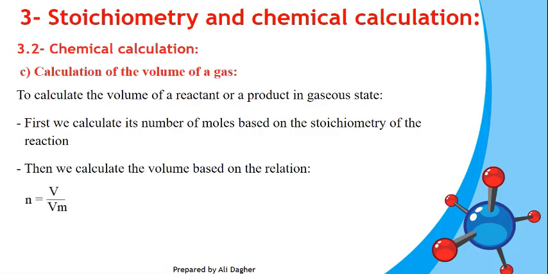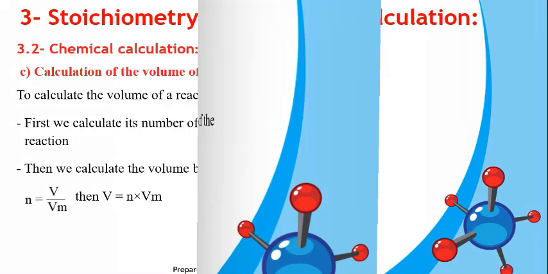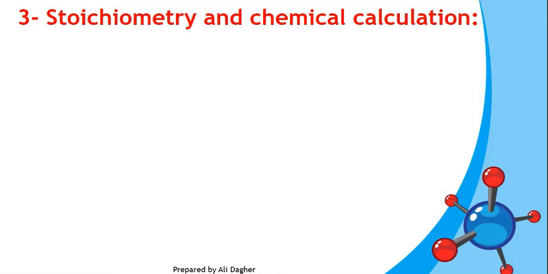Number of mole of a gas equal volume of gas over molar volume. Molar volume is a given, 22.4 liters per mole at CNTP or at STP, or 24 liters per mole at 25 degrees. It is always given. Then V equal number of mole times molar volume. This is the calculation of number of mole, mass and volume of gas.